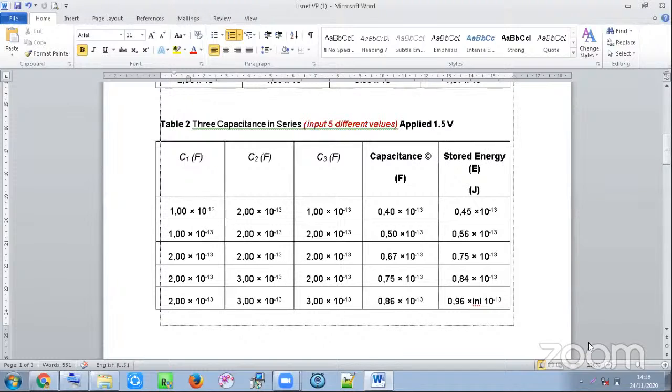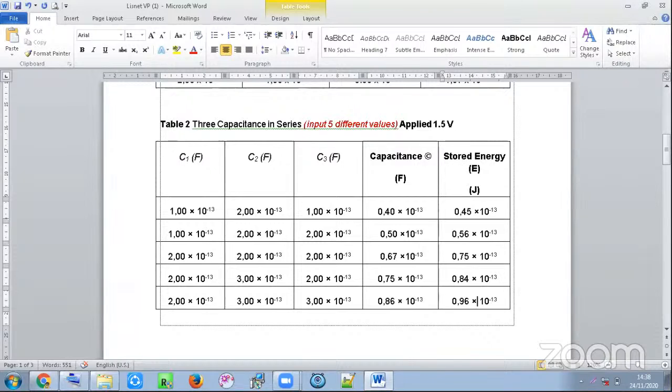And row 5. C1 is 2.0 times 10 to the power of minus 13, C2 is 3.0 times 10 to the power of minus 13, C3 is 2.0 times 10 to the power of minus 13.